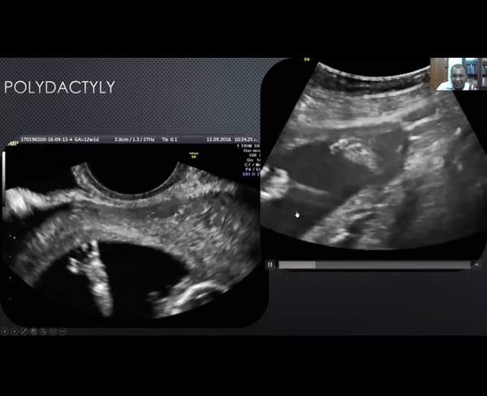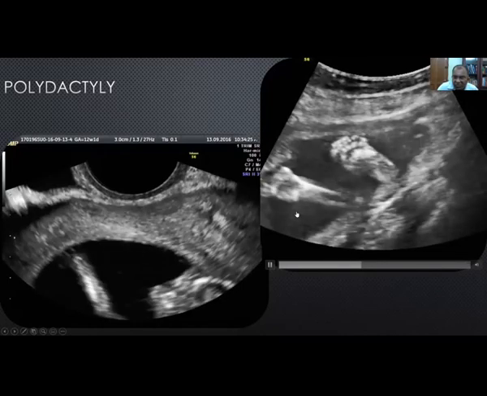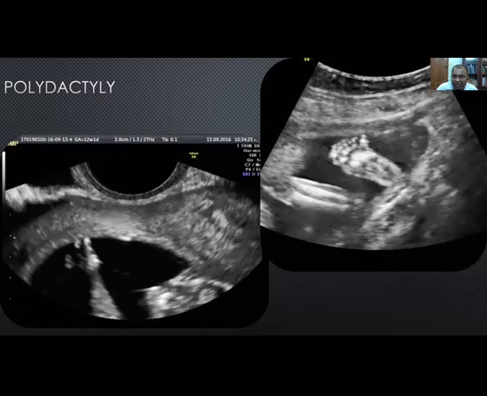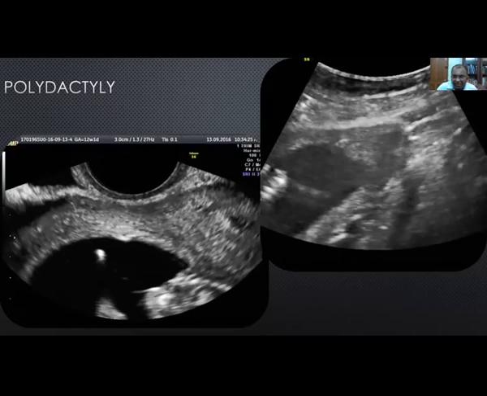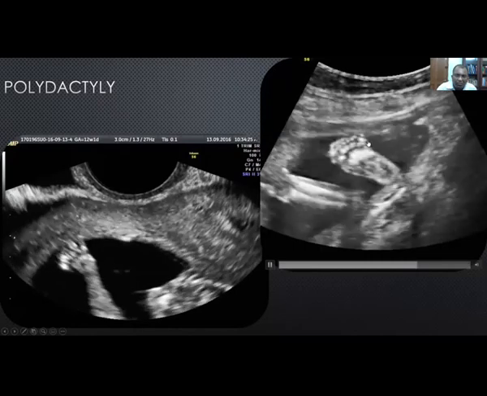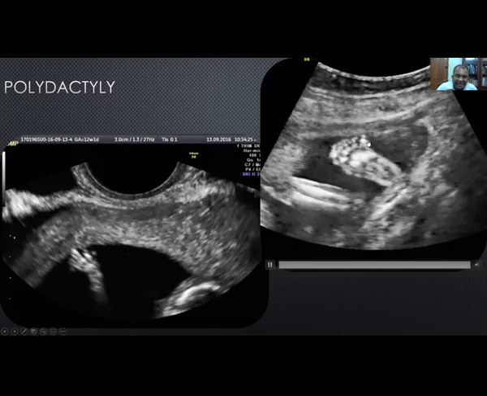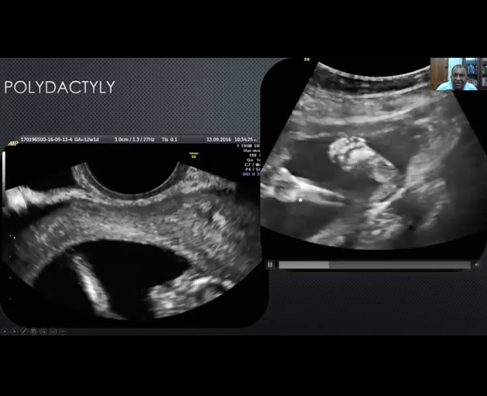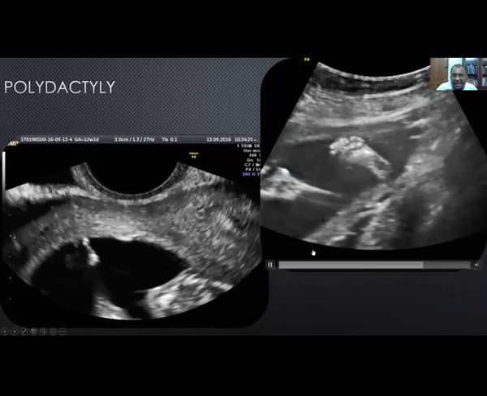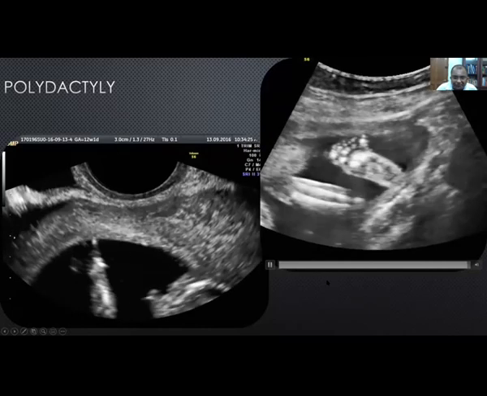And first thing, you need to classify them as syndromic and non-syndromic. And non-syndromic, most commonly, it is familial. So you need to seek history from the parents and the relatives, whether there is a family history of polydactyly, and if there is no family history, then you need to again run a search for syndromic causes, any associated anomalies.